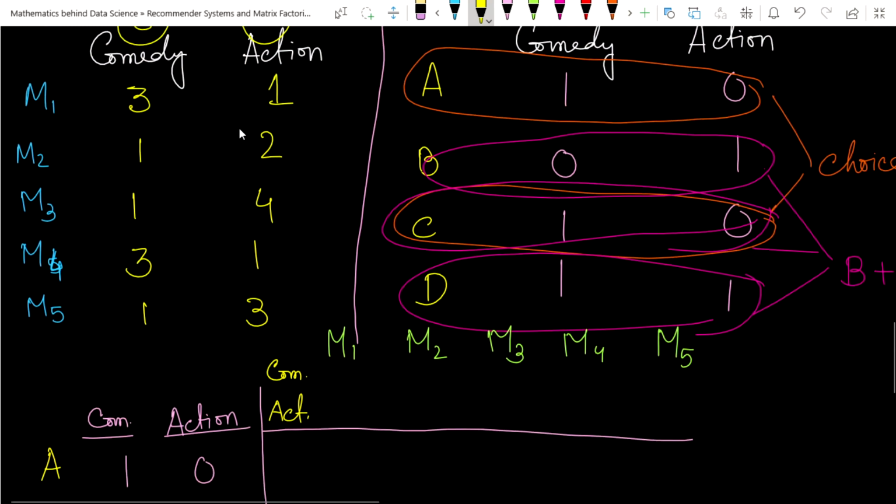From the previous history we know how many points each has for each feature. So for M1 it's 3 1, for M2 1 2, for M3 1 4, for M4 3 1, and for M5 1 3.